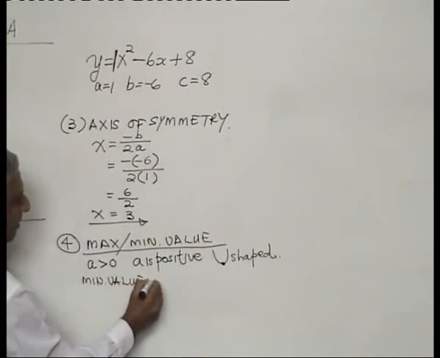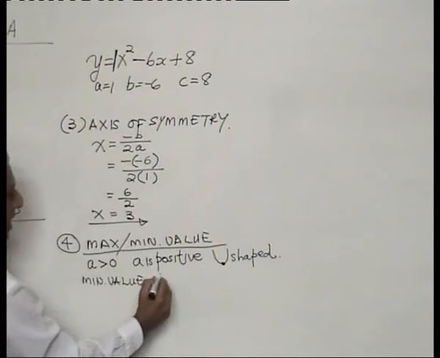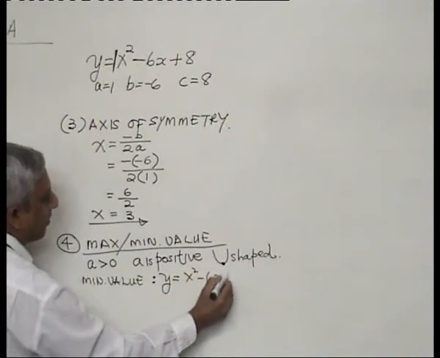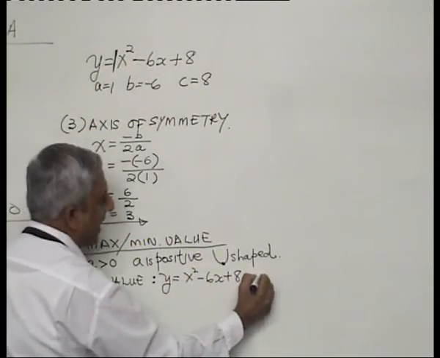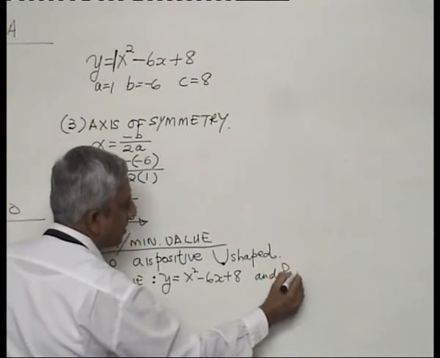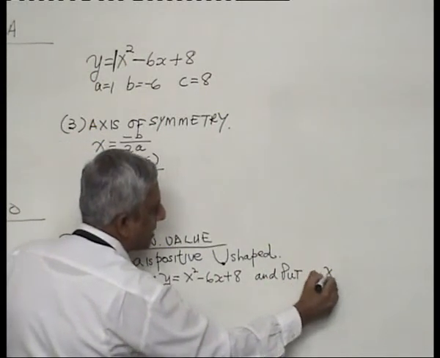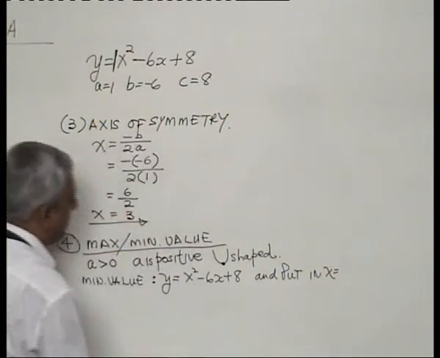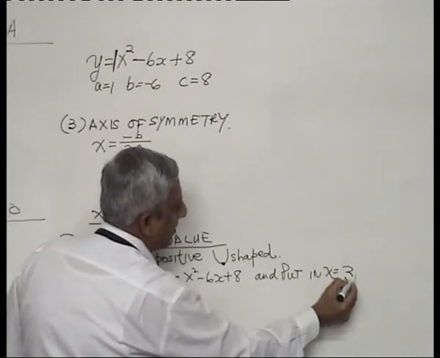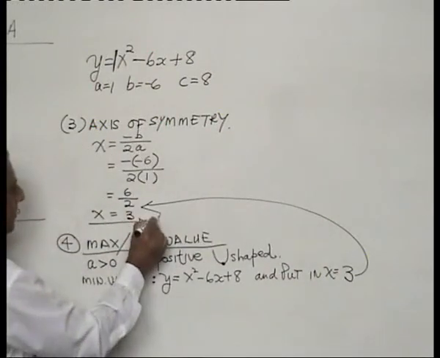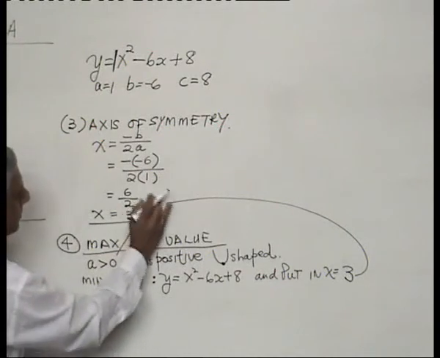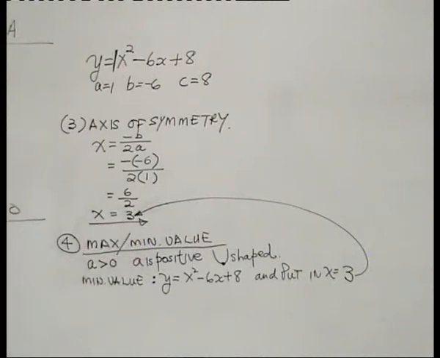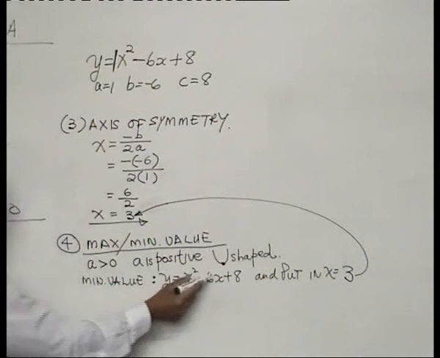Now if you wish to find the minimum value, you take the given equation, which is y is equal to x squared minus 6x plus 8, and put in x equal to 3. Now, where is this coming from? It is coming from here. We have taken the axis of symmetry from there and we are putting it into this equation.